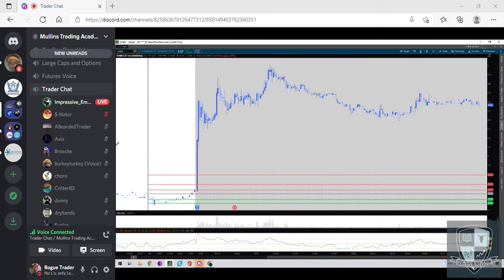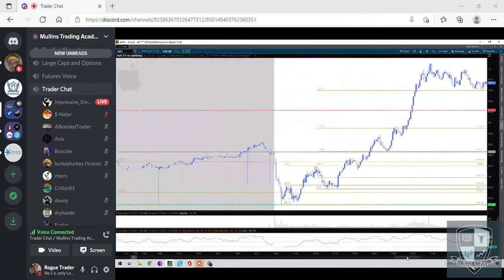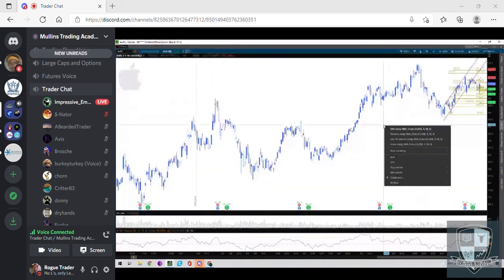Also think about it this way: if somebody is wrong in a direction and it retraces back 50%, that's where you can have it move in the right direction, and then let me give you an example here. Hold on. Let me find a 50% move again. Let me go to Apple.